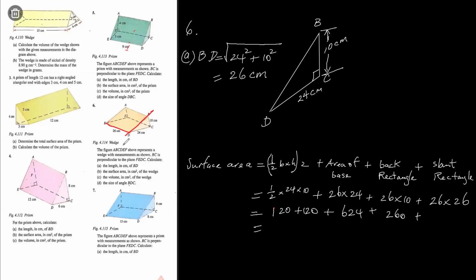Yes, sir. Right, so that's 26 by 26. Right, so 26 by 26 gives me 676. So when we add all this up, we get 1800 centimeters squared.